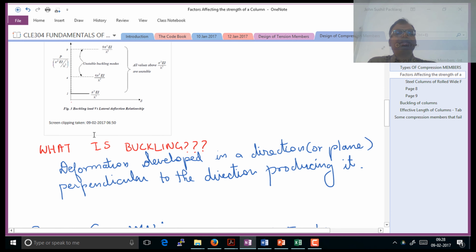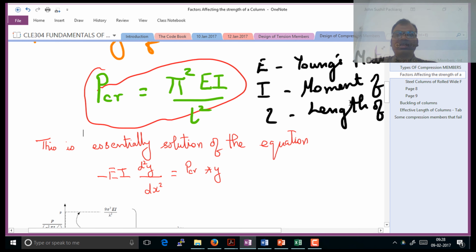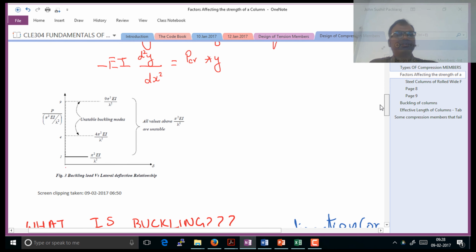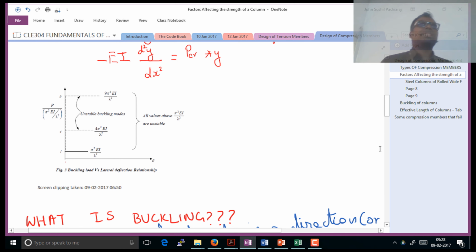And again, if you look at the textbook, or this is from the INSDAC manual, the various solutions which are possible for that differential equation are pi square EI by lambda square, 4 pi square EI by lambda square, and so on and so forth. So what happens is, first the column is initially straight. That is our assumption for the Eulerian column. Then it will start to bend.